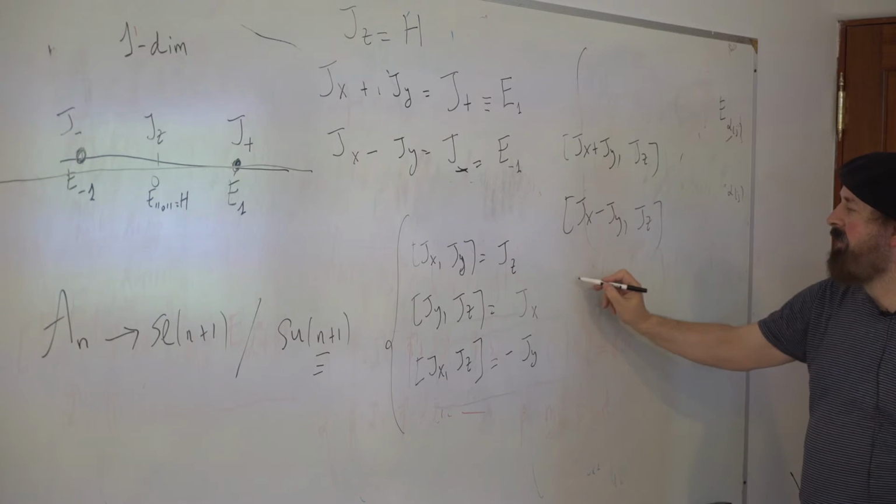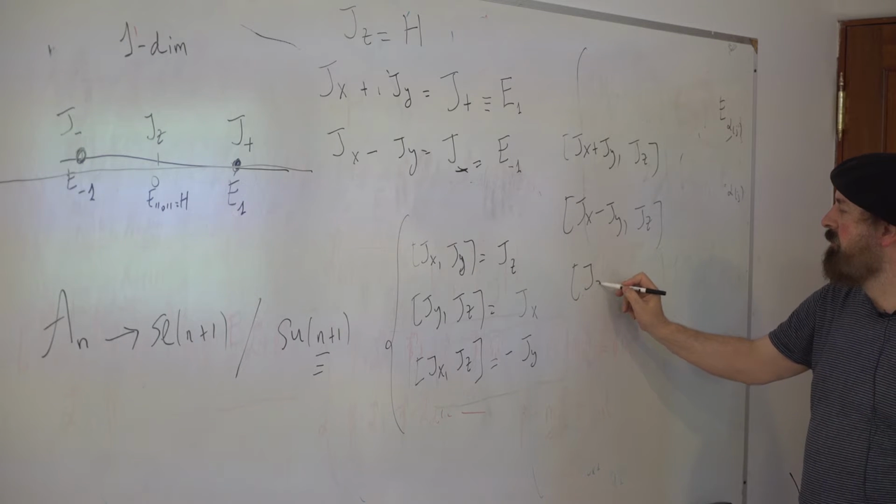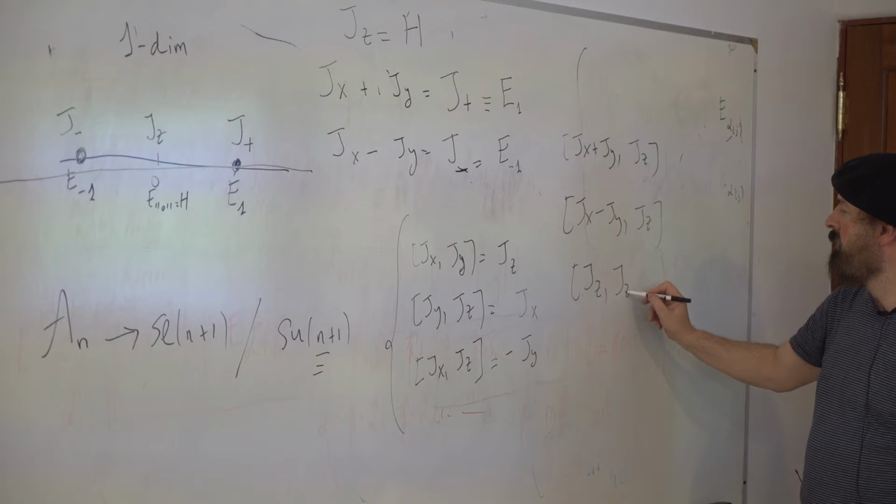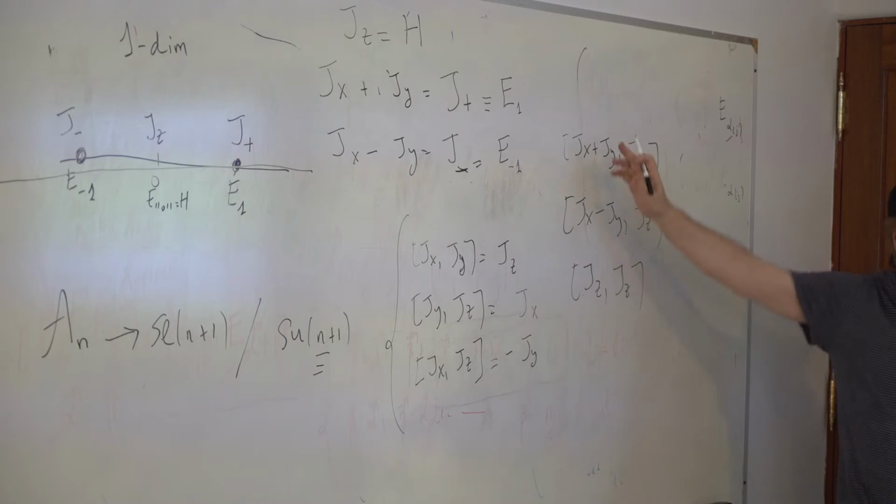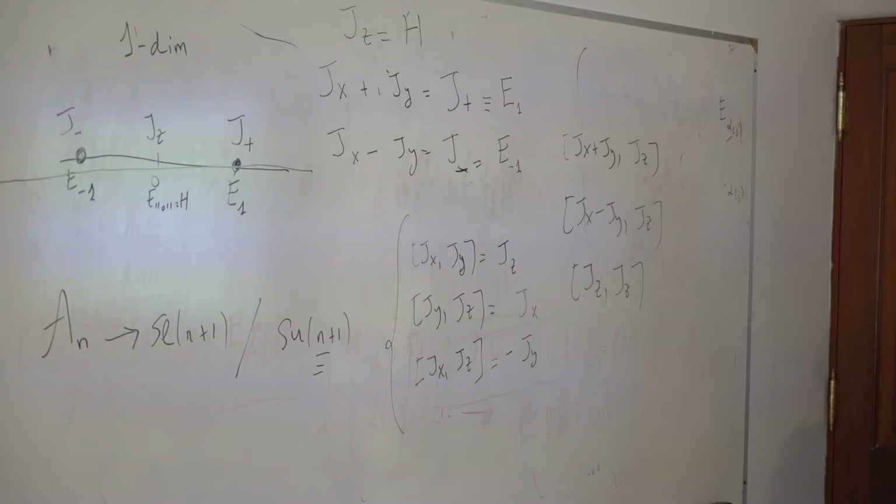Let's write the commutation relationship of this. It's trivial, it's zero. But this tells us that we choose Jz to be the Cartan generator. You can choose x if you want, anything you want, because you have rotational symmetry.